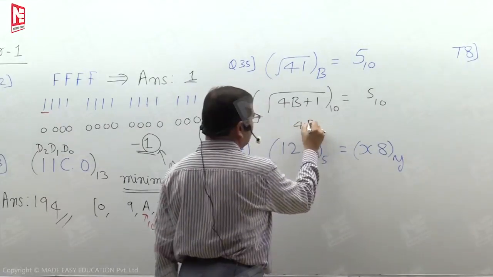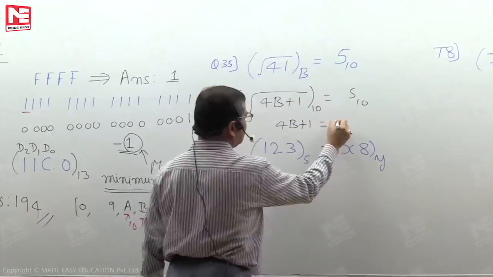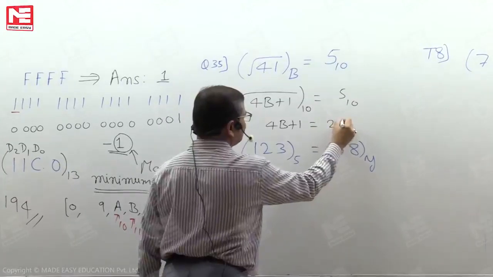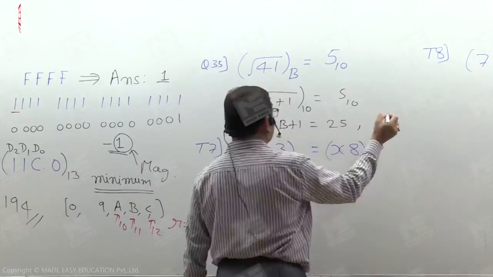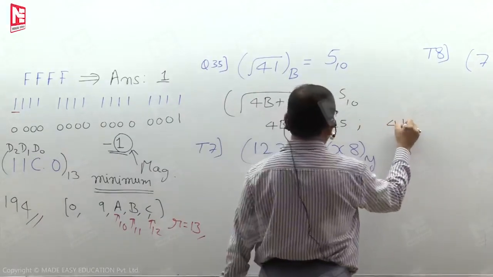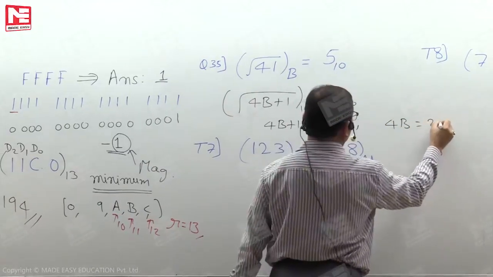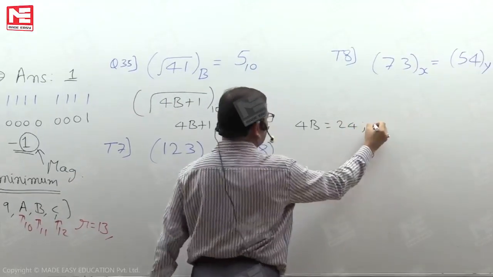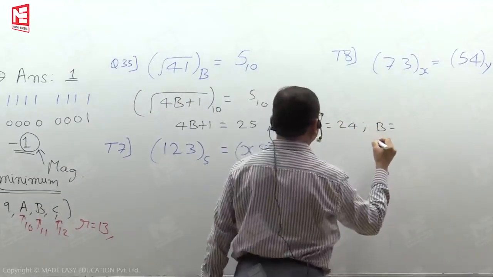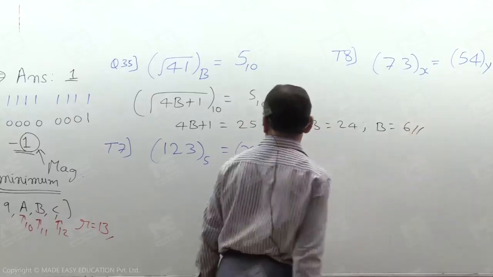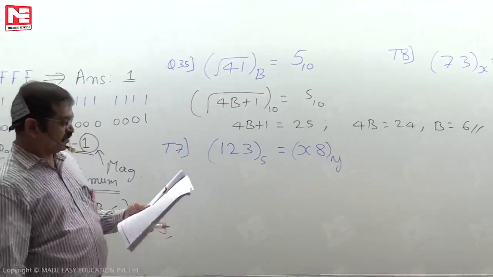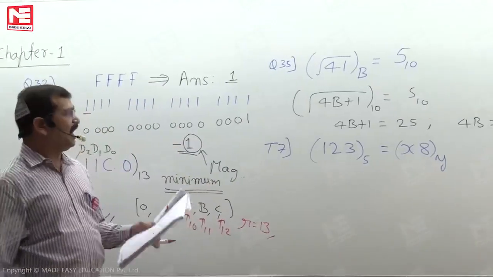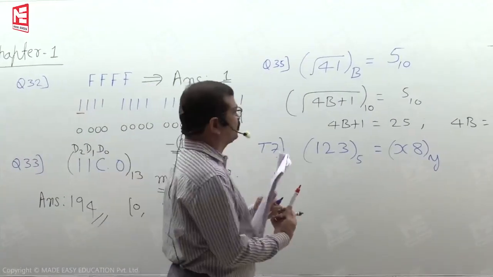While squaring both sides of this equation, we have this. So from this we look, 4B is 24. Hence B will be 6. So the answer to this question is 6. Question number 35, the answer to this question is 6.